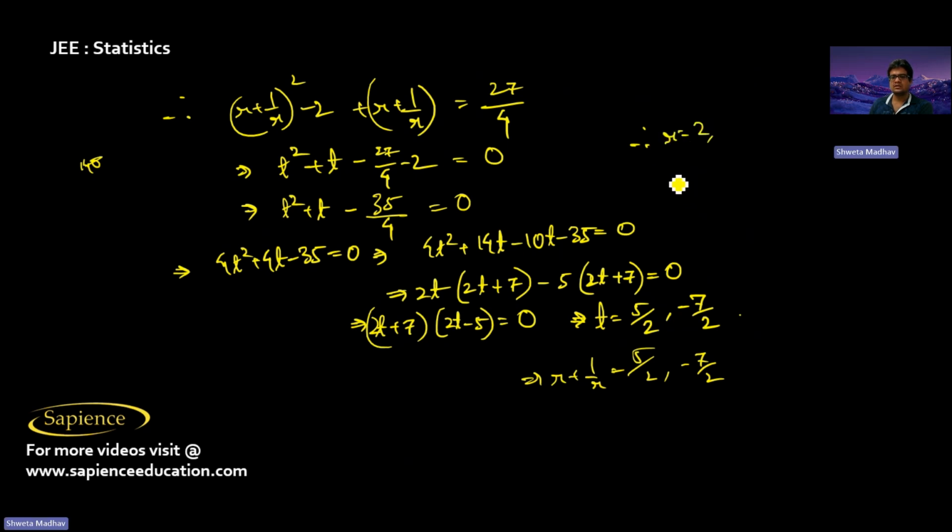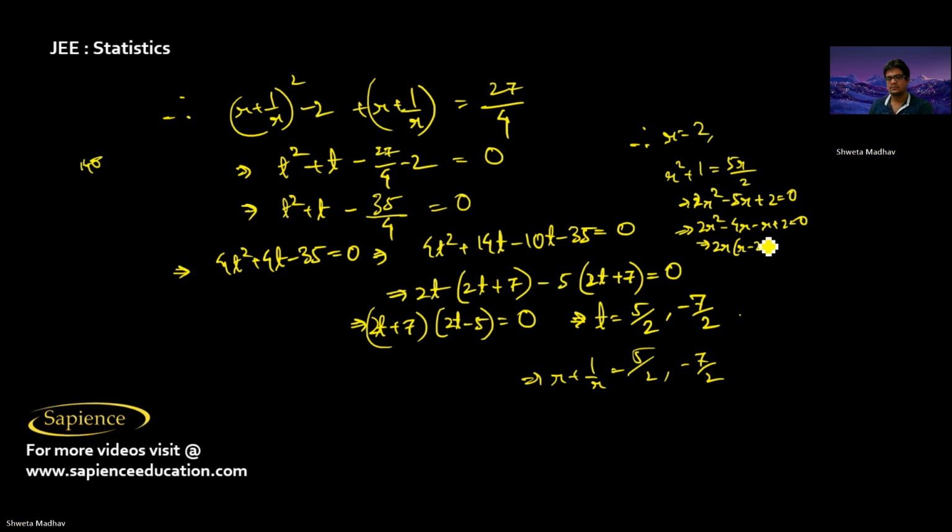And here also you can say that if r square plus 1 is equal to 5r by 2, I can say 2r squared minus 5r plus 2 is equal to 0. So I can say 2r squared minus 4r minus r plus 2 equal to 0. So I can say 2r into r minus 2 minus 1 into r minus 2, that is equal to 0.